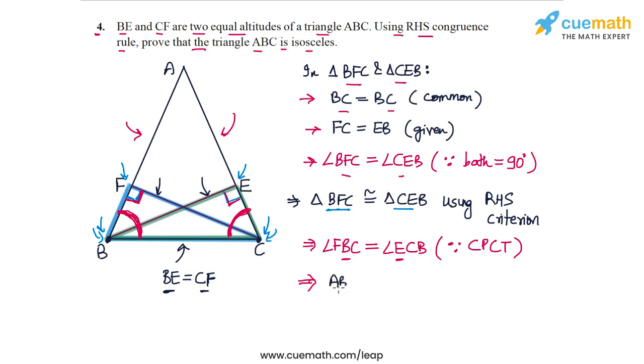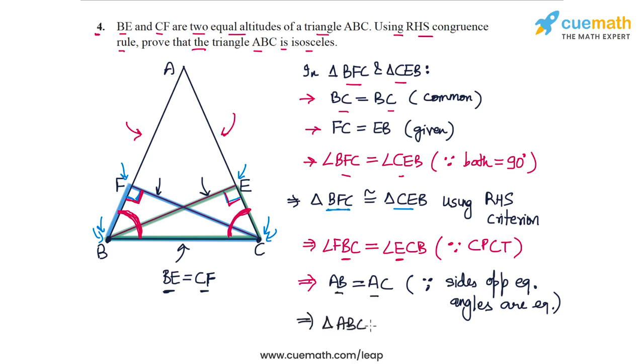So we can write AB must be equal to AC because sides opposite equal angles are equal. And because AB and AC are equal, this means that triangle ABC is isosceles, and this is what we had to prove. Triangle ABC is isosceles.